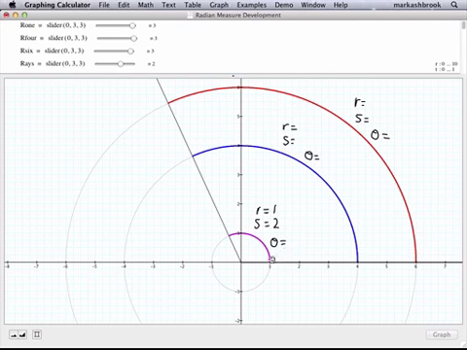How many radians is the purple one? 120? Uh-oh. Okay. How about Ben? How many radians is that? 2.